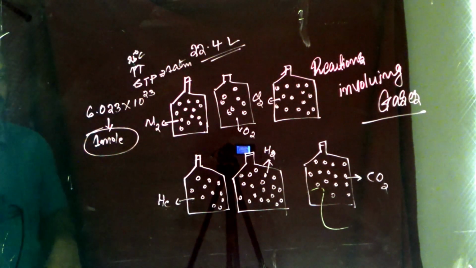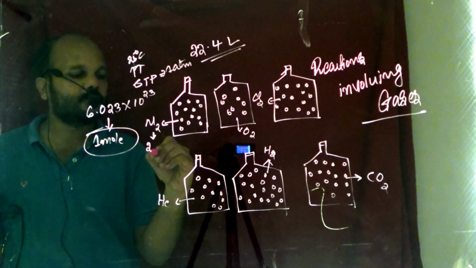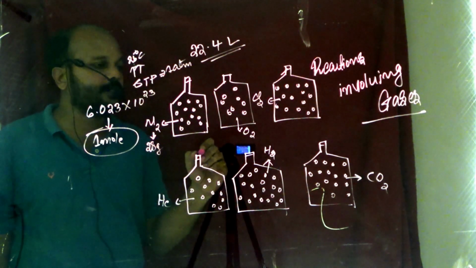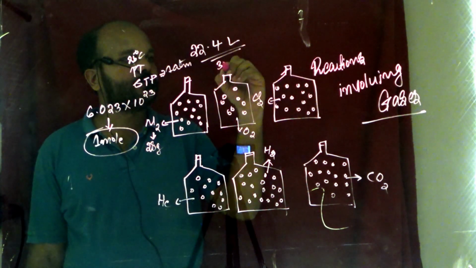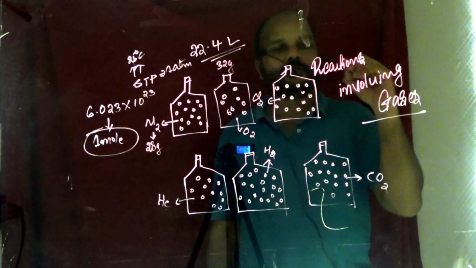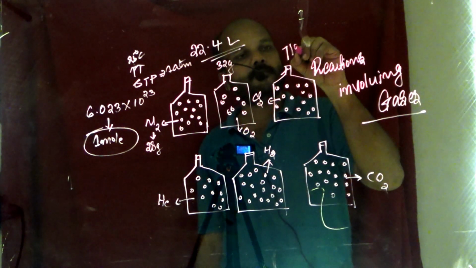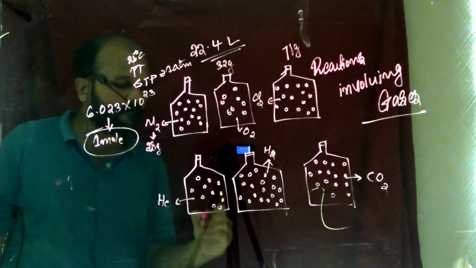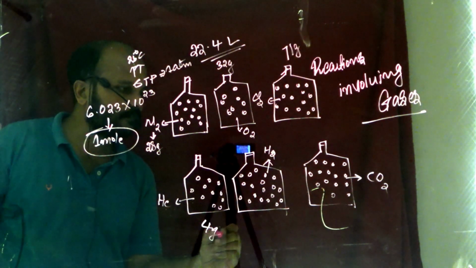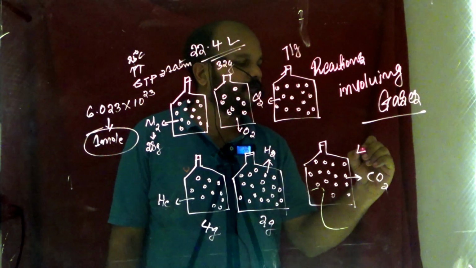If you measure the mass in the first case, it is 28 gram. For oxygen, it is 32 gram. For chlorine, it is 71 gram. For helium, it is 4 gram. Here, 2 gram. For CO2, it is 44 gram.